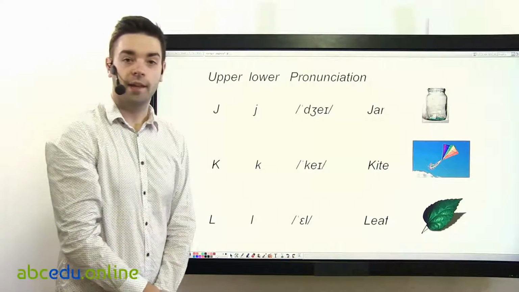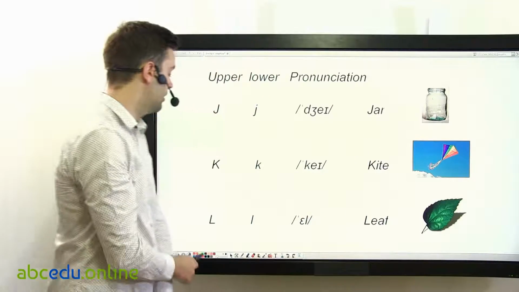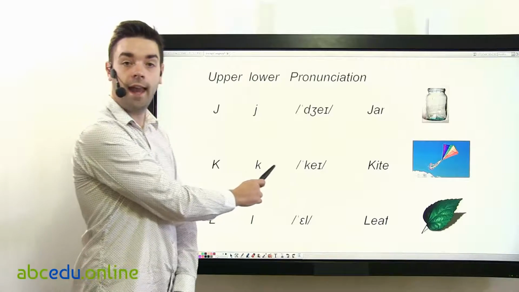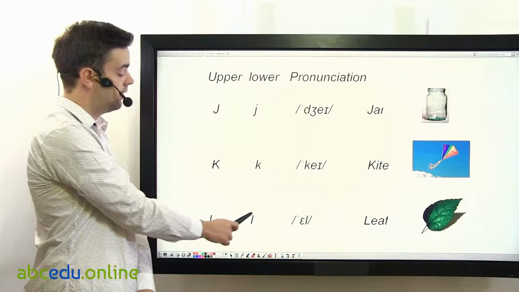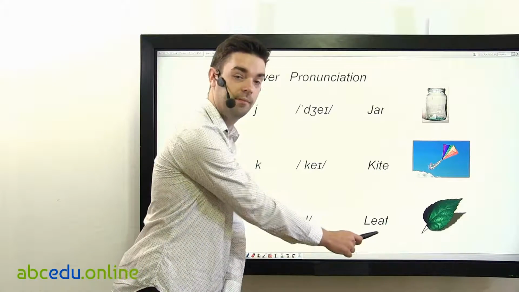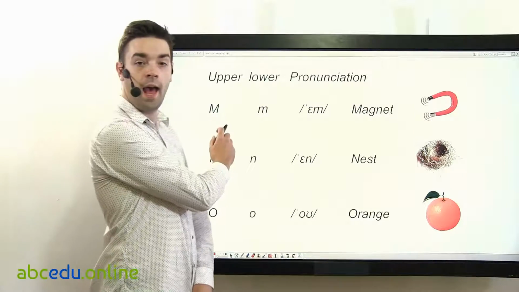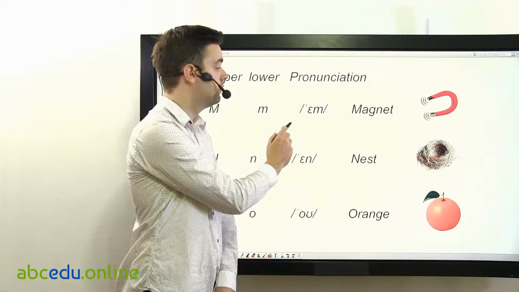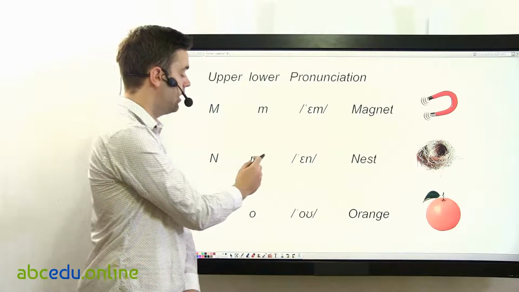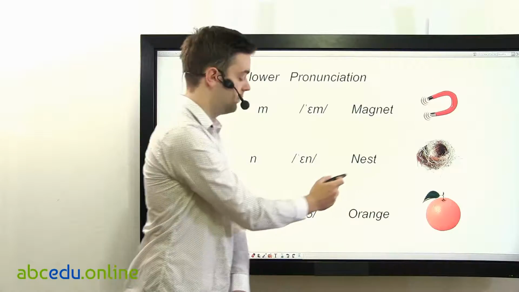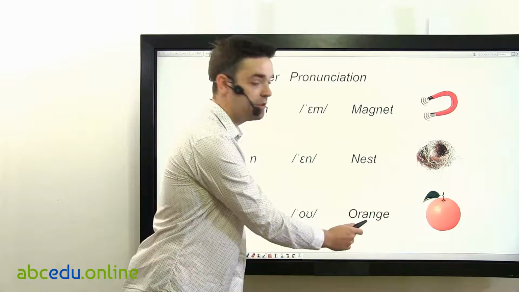Then we've got J. J for jar. K for kite. L for leaf. M for magnet. N for nest. O for orange and Oliver.